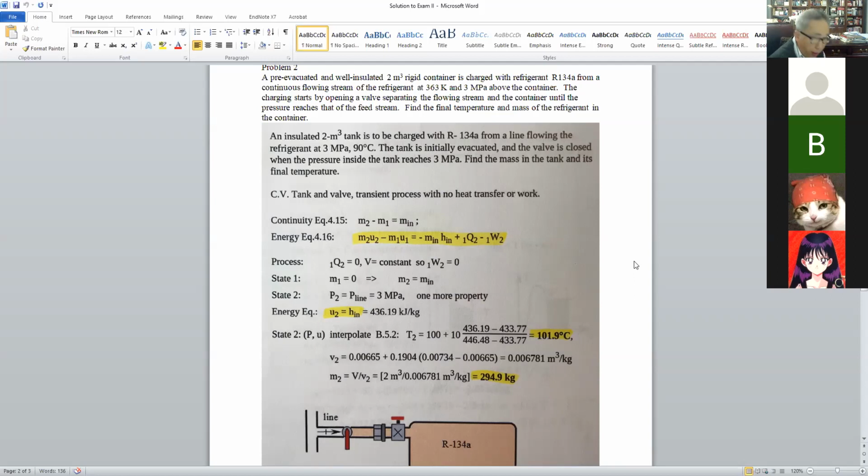So we look at the 3 megapascal. 3 megapascal is 3,000 kilopascal. It's on page 715 in the nice edition. And then we look at the temperature, internal energy. Internal energy is 436.